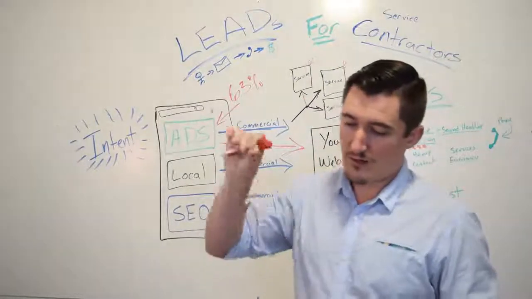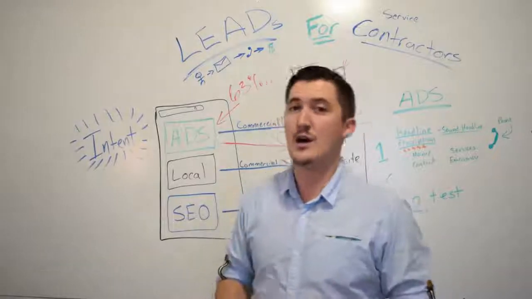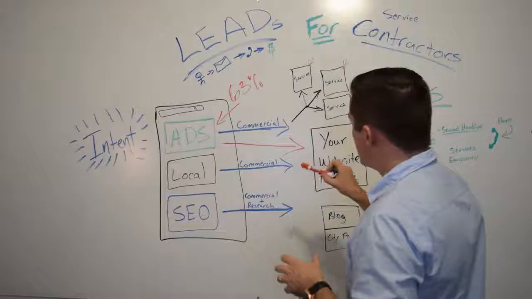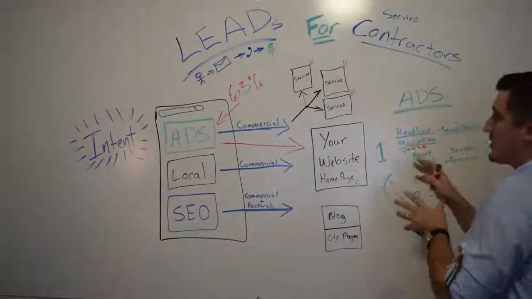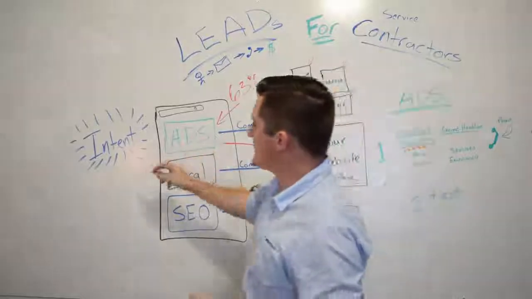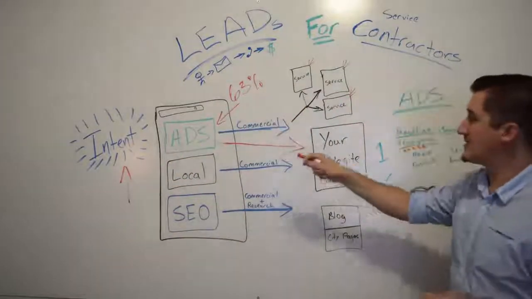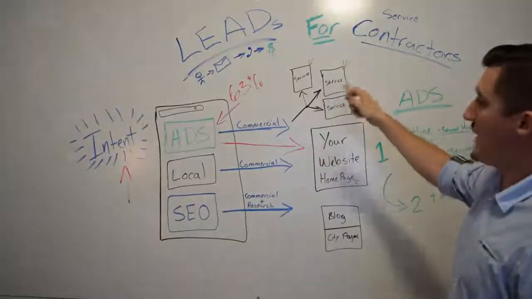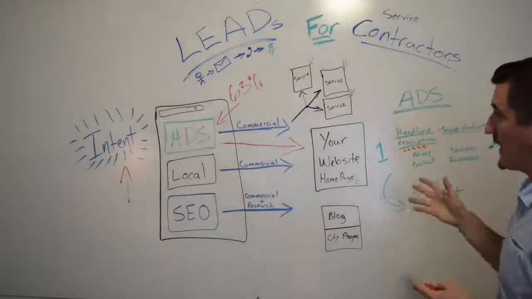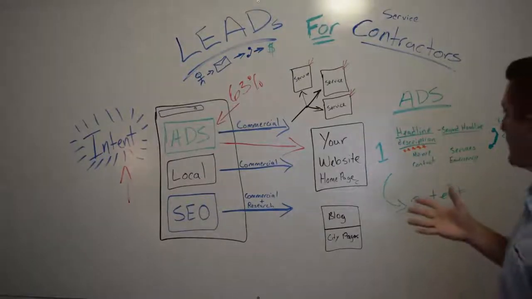Blogging with a write-up of how to do something or a tutorial, and then some video with YouTube, are awesome ways to do that. Those are the different ways. I just wanted to break that out and explain how intent has everything to do with how your ads are going to perform and what pages they're seeing. That's super important when you're looking at lead generation for your service contracting business.